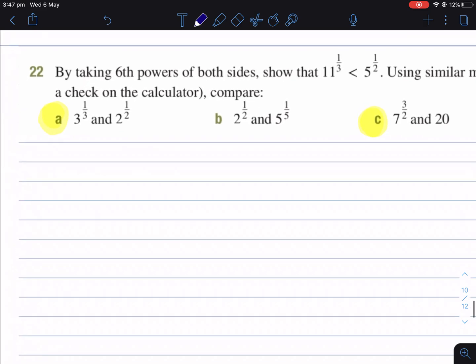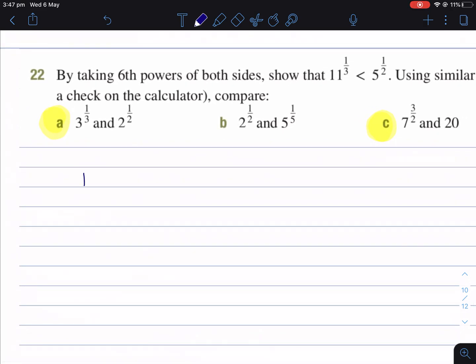Finally, if we've got 11 to the 1/3 and we're trying to show that it's less than 5 to the 1/2, and they're suggesting taking 6 powers of both sides. And that's mostly because 3 times 2 is 6. So let's do 11 to the 1/3 to the 6.